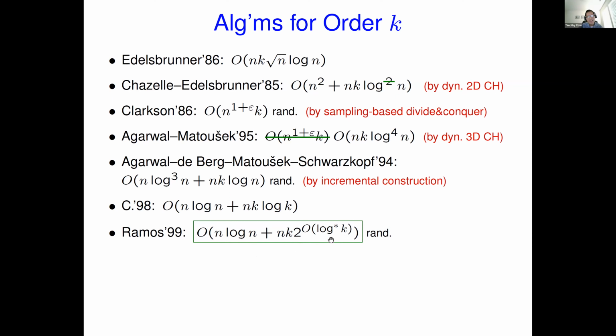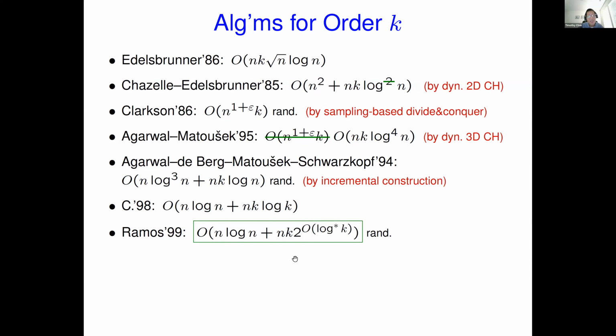Okay, and this is very interesting. So log star is the iterated logarithm function. It's the number of times you apply log to bring a number down to a constant. So it's extremely slow growing. So Ramos' algorithm is extremely close to being optimal, because nk is the output size. Great, but a question still remains.